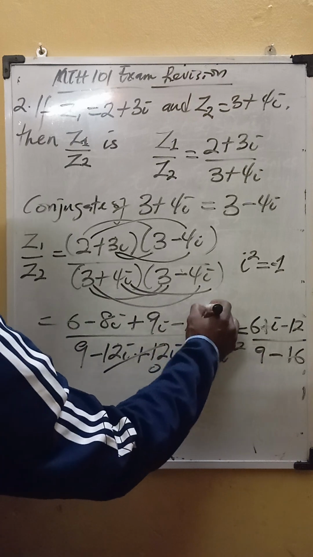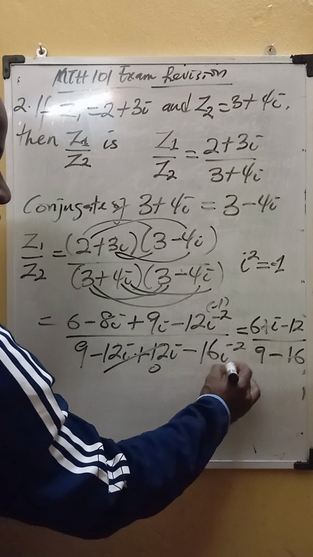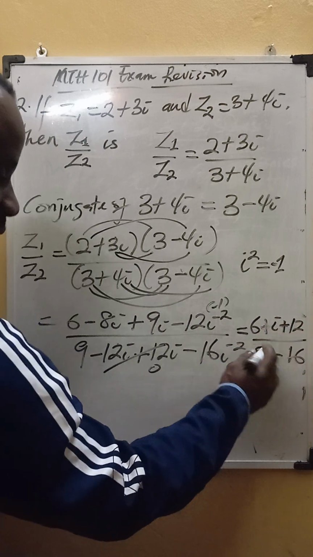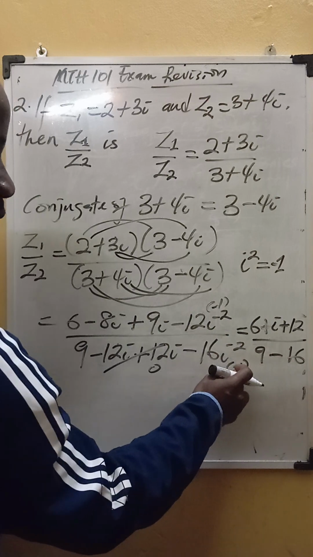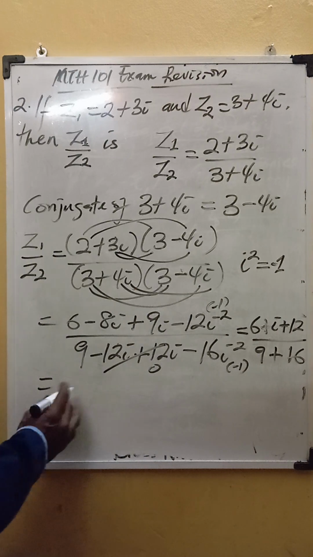So what we have here is minus 1 squared, so minus 1 here, and also here we have a minus 1. So this is actually supposed to be a plus. Sorry, I didn't look at that. And then here too, this is going to be minus times minus, so we also have a plus. So let us go ahead.